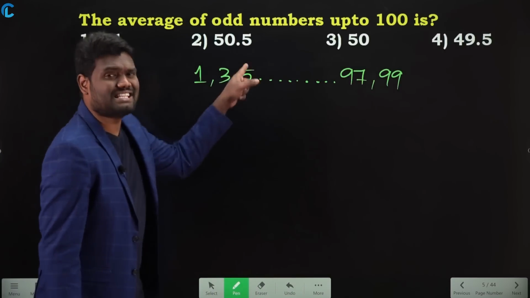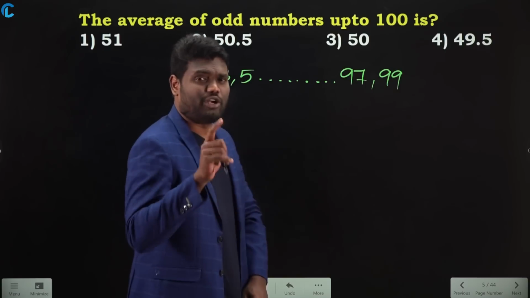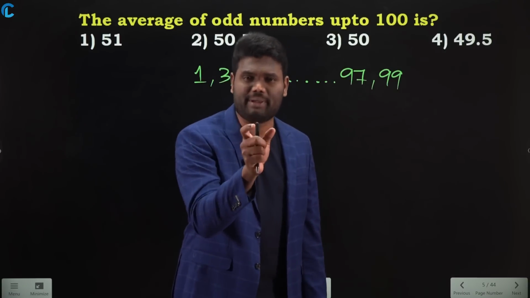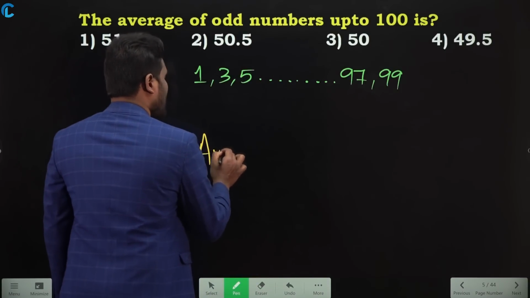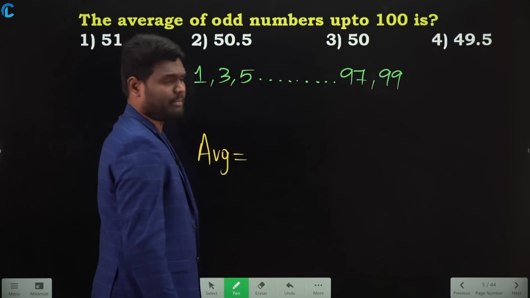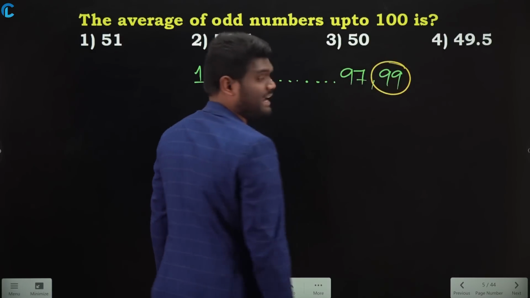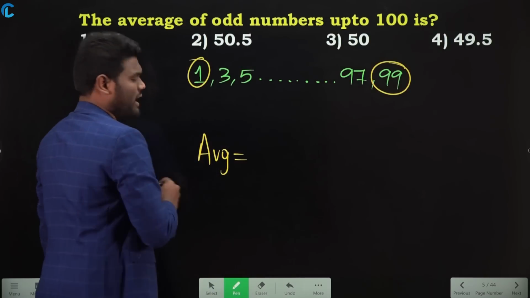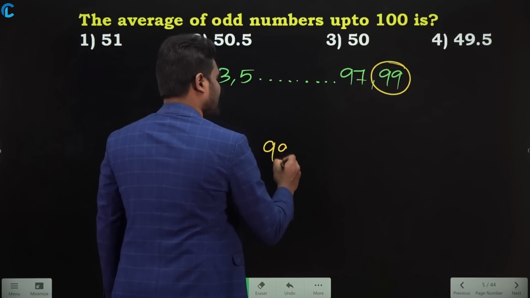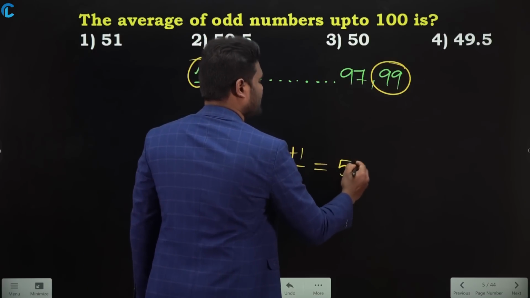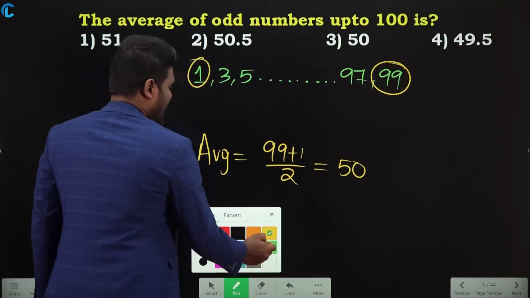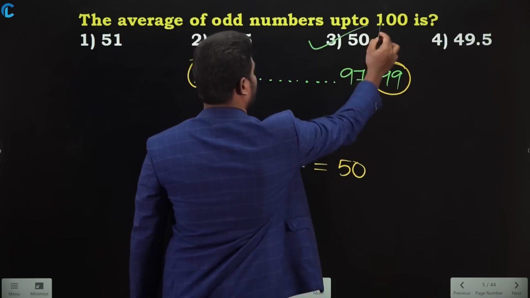Why? Because the difference is the same. If the difference is the same, the series is in AP, that is arithmetic progression. So the average is highest number plus lowest number by 2. What is your highest number? 99. What is your lowest number? 1. So the average is 99 plus 1 by 2, which is 50.